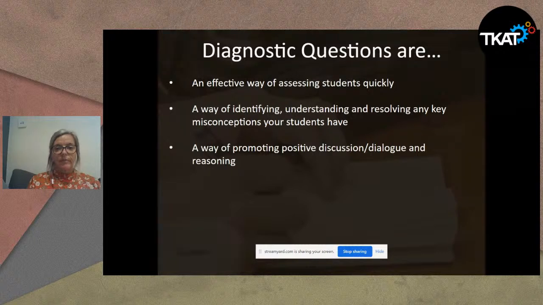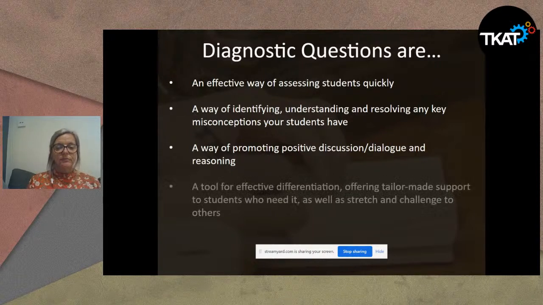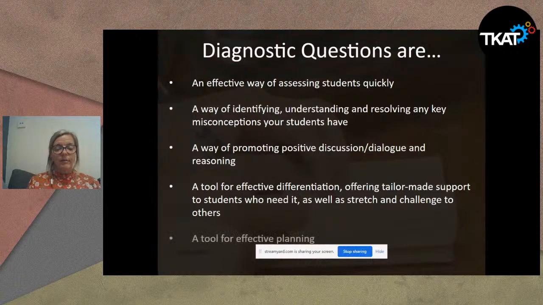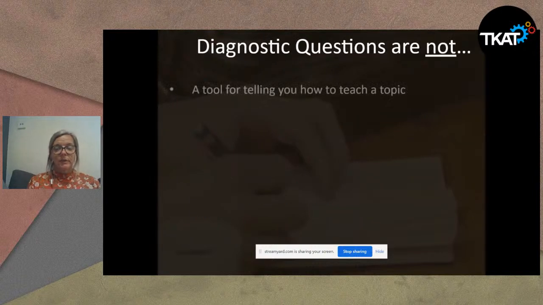And it's also a way of promoting some positive discussion and dialogue and getting the students to reason their answers. And it's a really good tool for effective differentiation. You can tailor your support to students who need it and stretch and challenge others where appropriate, and also use it as a tool for effective planning in the future.